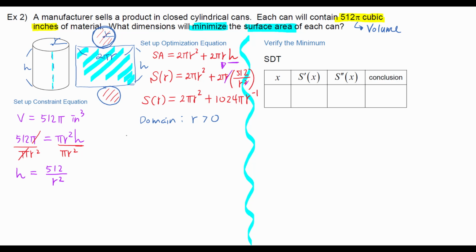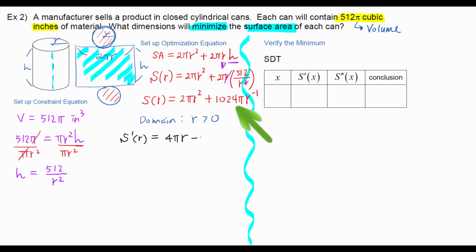So my s prime of r then is equal to, take the derivative of 2 pi r squared with respect to r, it is 4 pi r. Take the derivative of 1024 pi r to the negative fourth power.